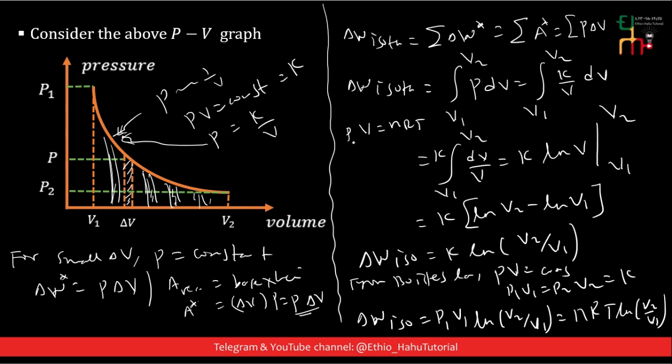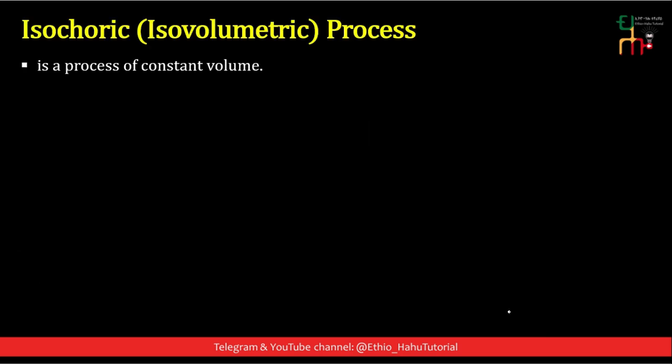Since T is constant, PV is equal to nRT is constant. Therefore, work done in an isothermal process is given by P1 V1 ln of V2 over V1, or nRT ln of V2 over V1.